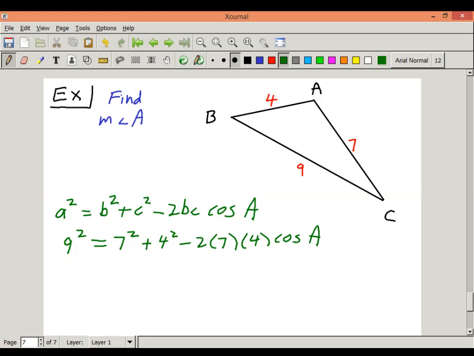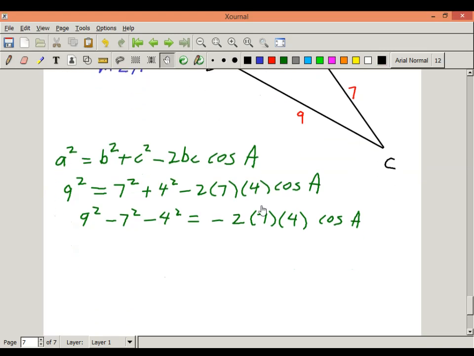So I'm going to try to solve this for angle A. First of all, I'm going to subtract, you'll see what I'm doing, 9 squared minus 7 squared minus 4 squared, equals negative 2 times 7 times 4 times cosine of angle A. Okay, now to get that cosine of A by itself, I'm going to divide both sides by negative 2 times 7 times 4.